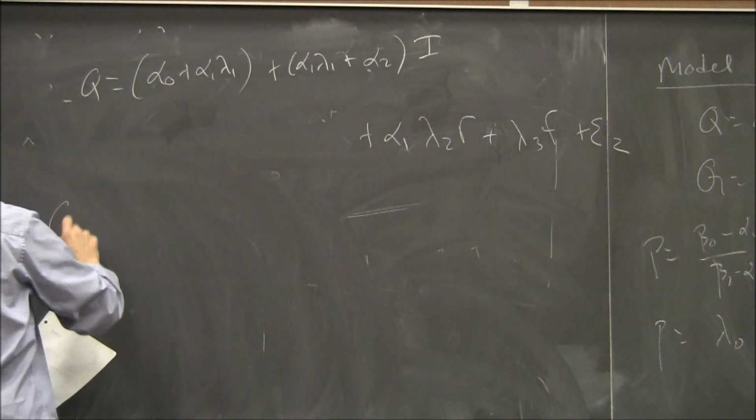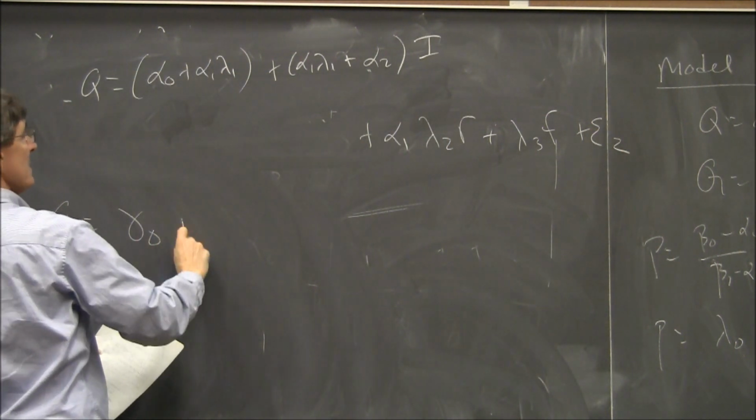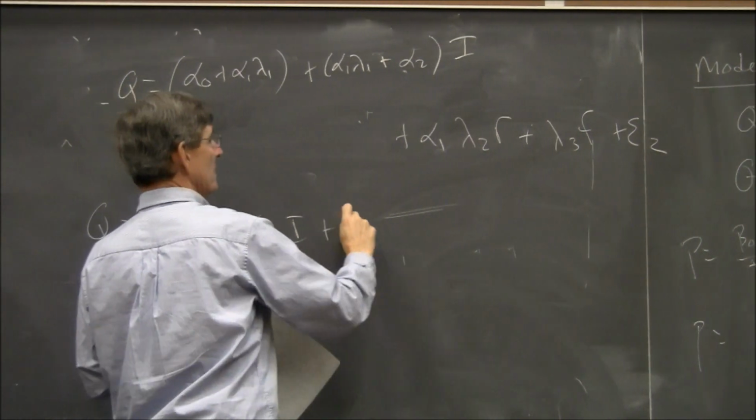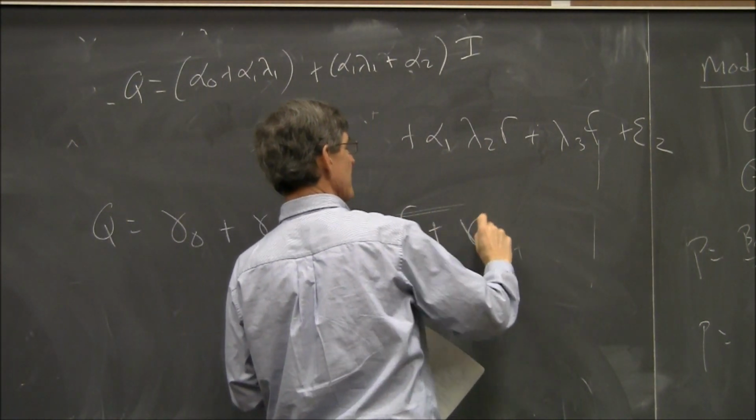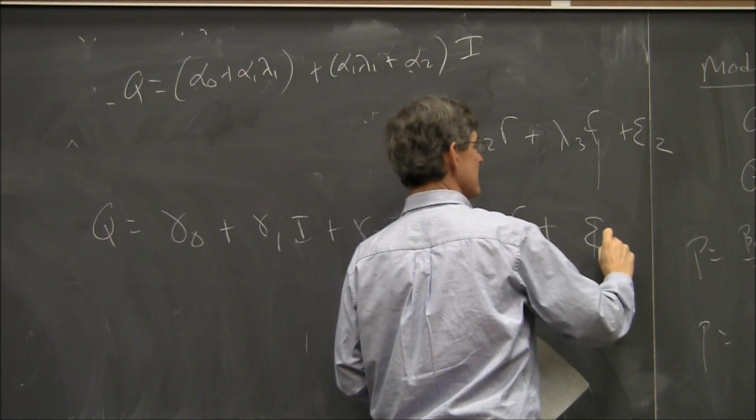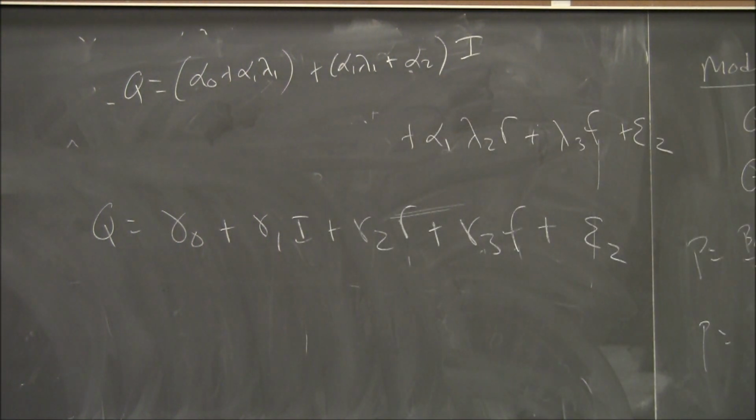So again, this then becomes Q equals gamma 0 plus gamma 1 I plus gamma 2 R plus gamma 3 F plus E2. So those are the two things that we'd estimate.